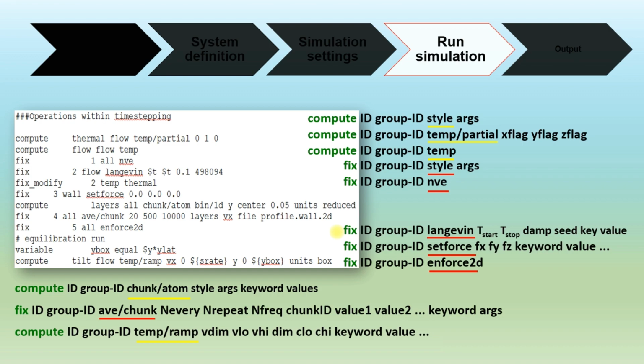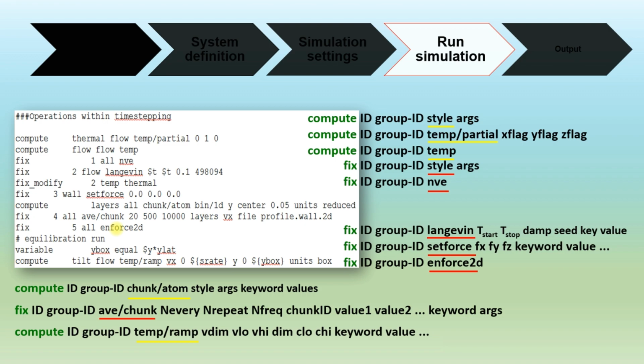The enforce2d style, fix number 5, simply zeroes out the z dimension velocity and force on each atom in the group. This is useful for running 2D simulations to ensure that atoms do not move from their initial z coordinate.